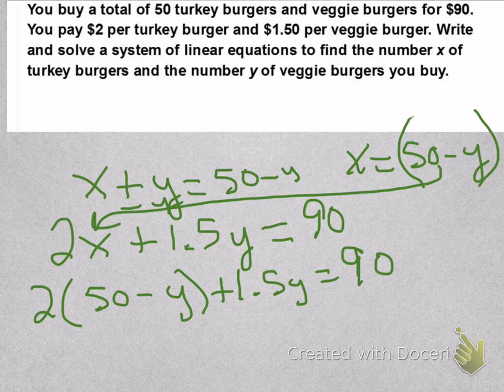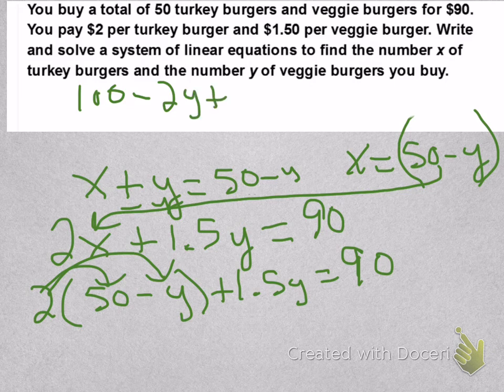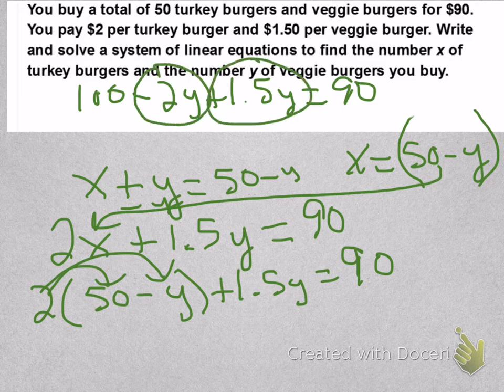So I'm going to 2 times 50 is 100 minus 2y plus 1.5y equals 90. Now I need to combine my like terms. Negative 2 plus 1.5 is negative half.